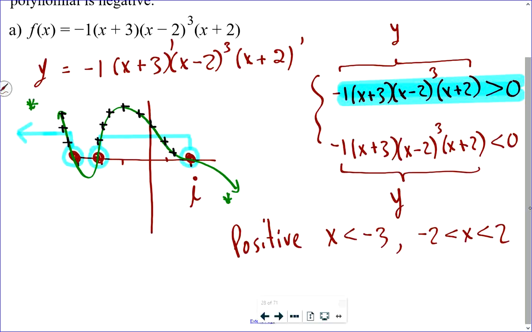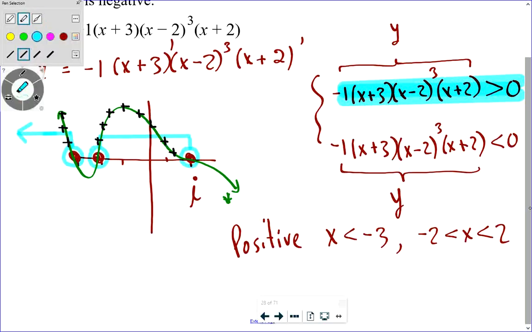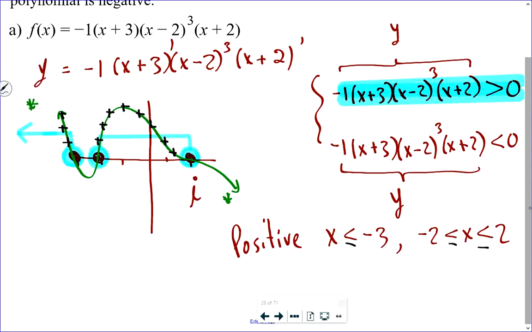We do not include the equals to in the inequalities that we write. So I'm going to add something to what you're looking at that's wrong. I'm going to go back in a bit and get rid of it. But if you said the following, and you decided to say, I'm going to include those points, that would be wrong because the polynomial function is not positive at those points.